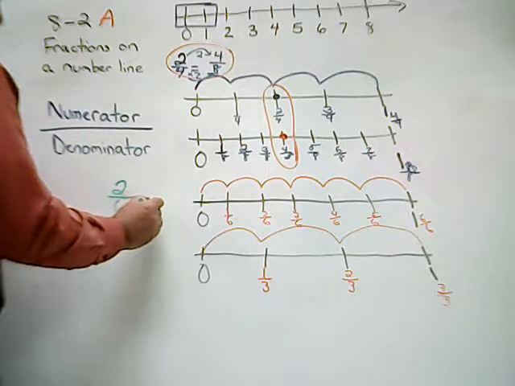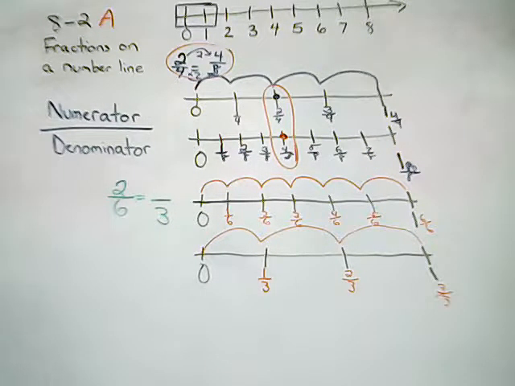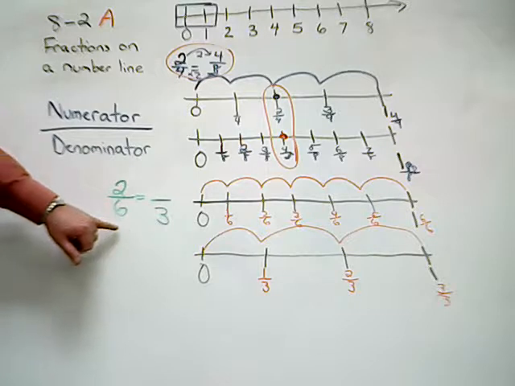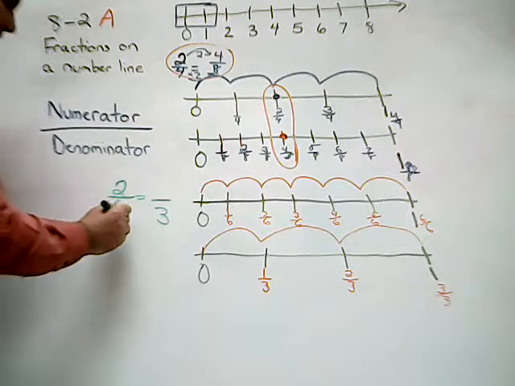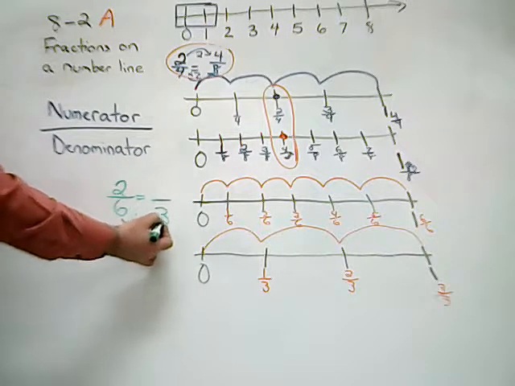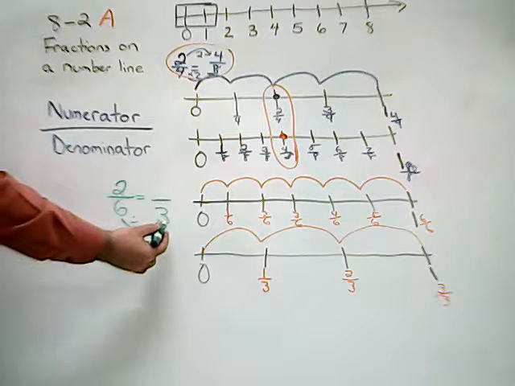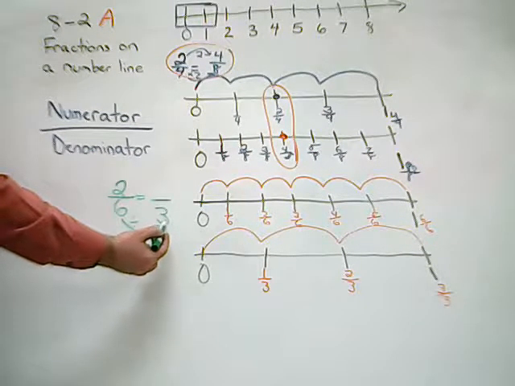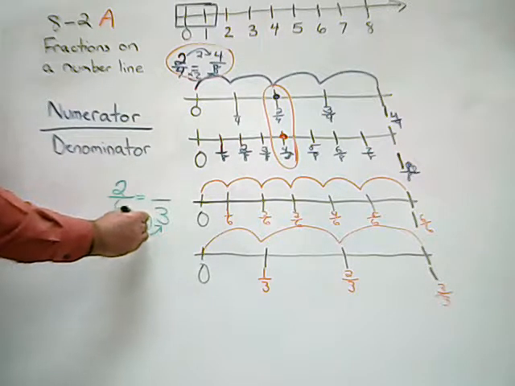And I want to find an equivalent fraction right now for 2/6. 2/6 equals blank thirds. Well, as I remember from yesterday, I'm going from a big number to a smaller number. I can't multiply. I'm going to need to divide. So 6 divided by something will get me to 3. Reminder, you could do backwards multiplication. 3 times blank equals 6. Now, 2.